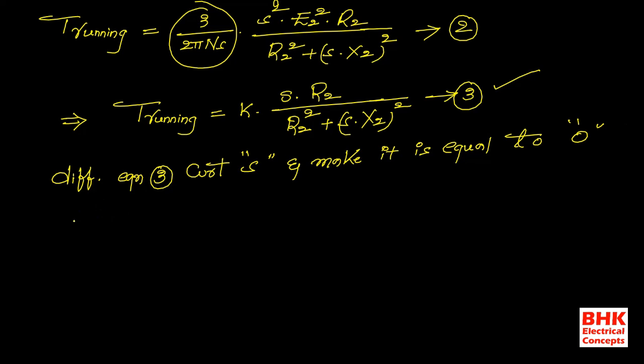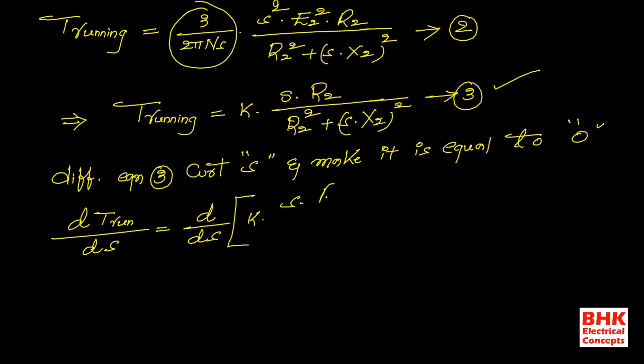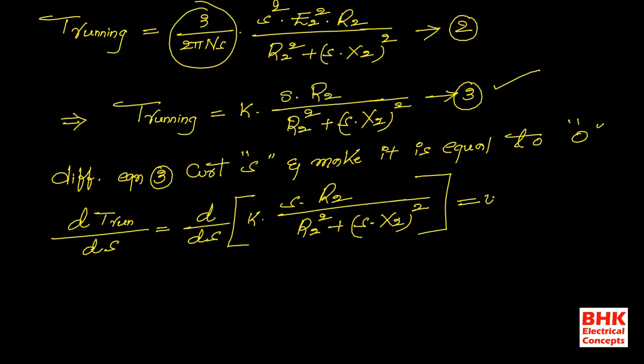So here I am writing d running torque divided by dS is equal to d divided by dS of K into S into R2 divided by R2 square plus S into X2 square, equal to 0.